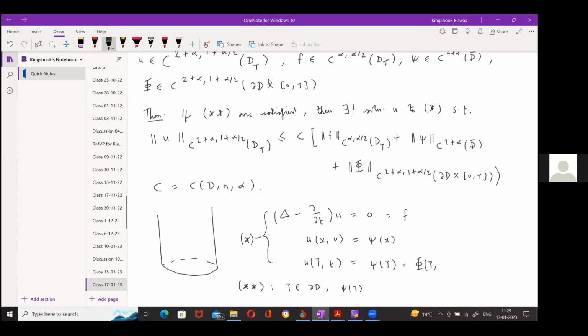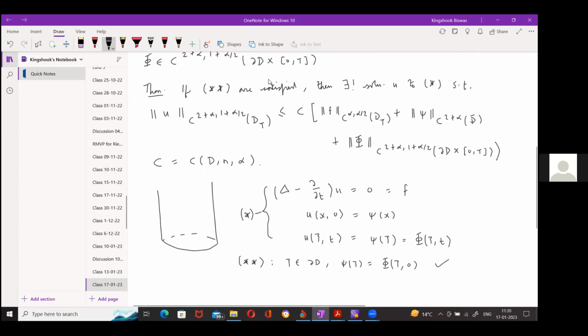It's independent of t. So I have to check psi of xi is equal to phi of xi, 0. And that is true because phi of xi, t is equal to psi of xi for all t. So this compatibility condition is satisfied.